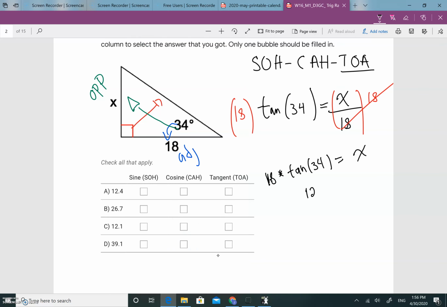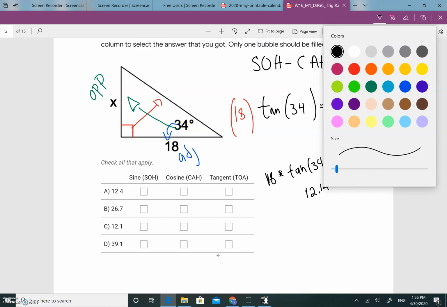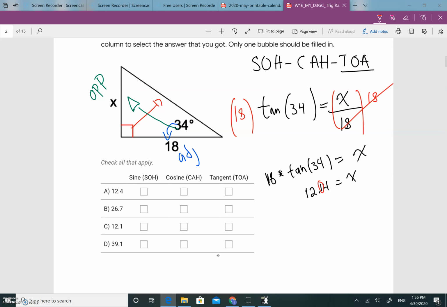So 12.14 is equal to x. I round it off to the first decimal place, so it's going to be 12.1 is equal to x.